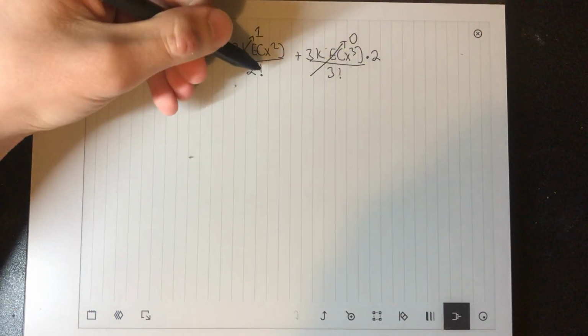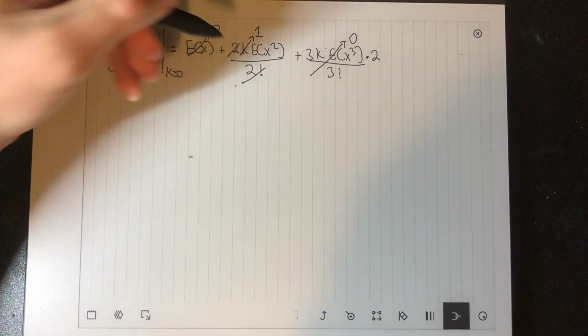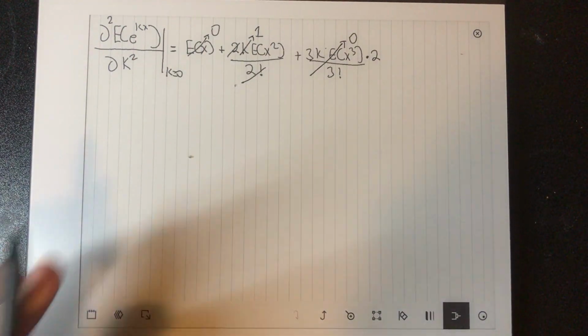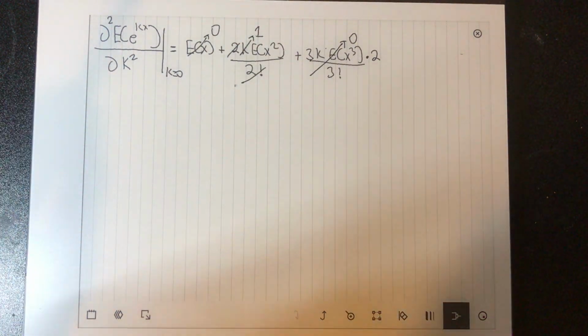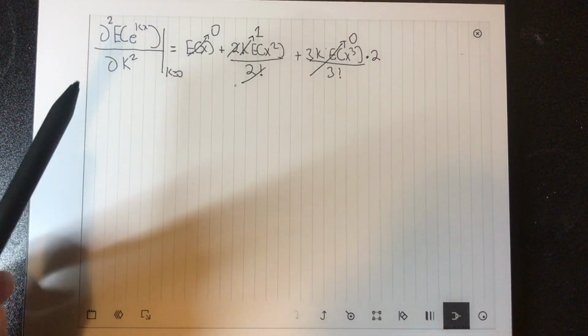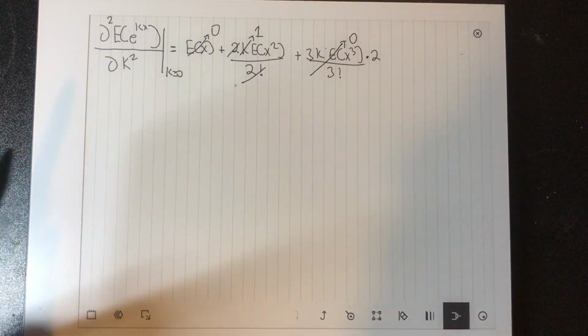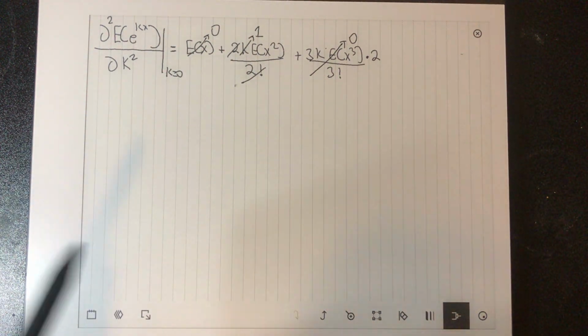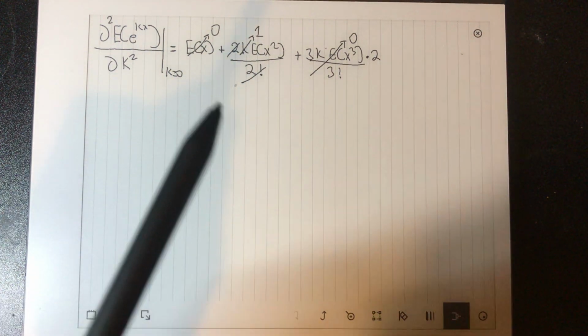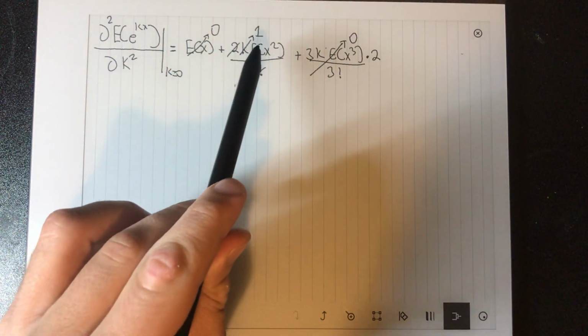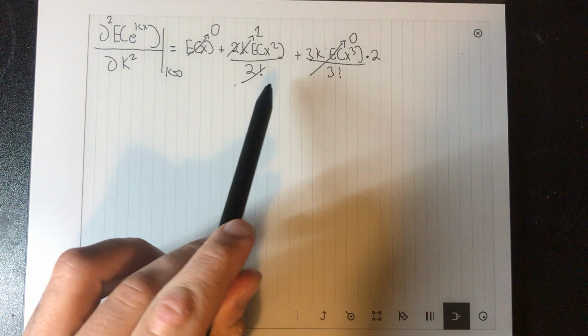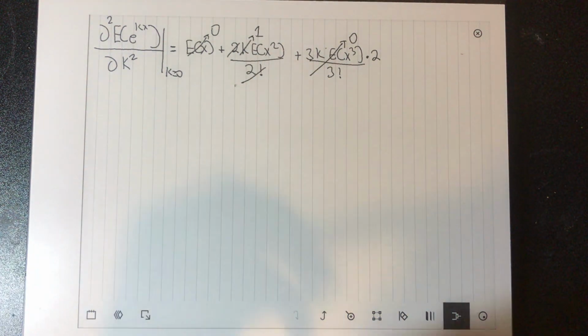So those two cancel out with each other. And we'll be left with the fact that the second derivative of the moment generating function with respect to k, while setting k equal to 0, does indeed yield the expectation of x squared, i.e. the second raw moment.